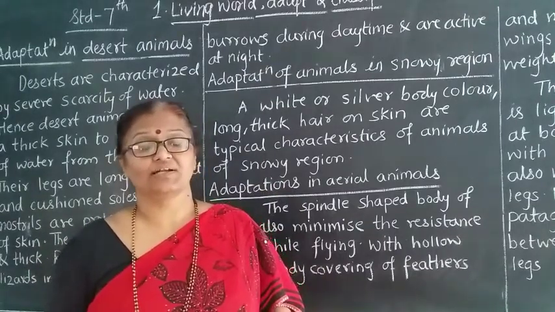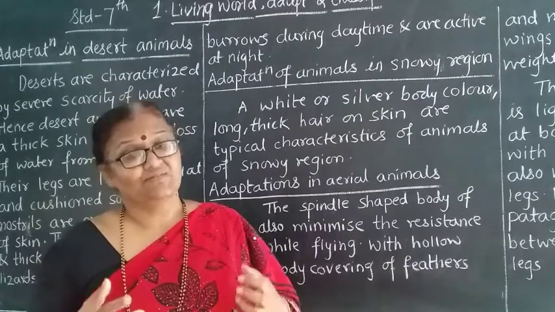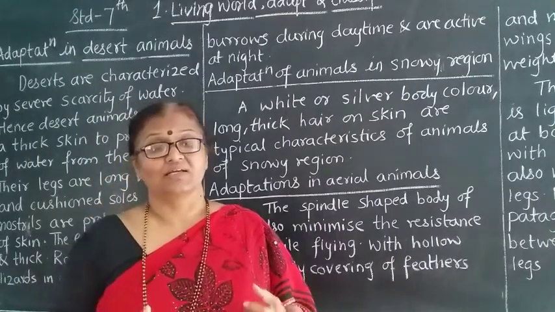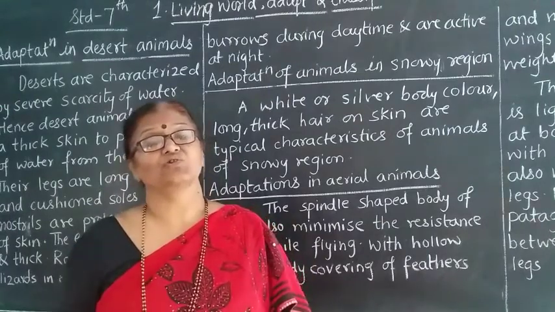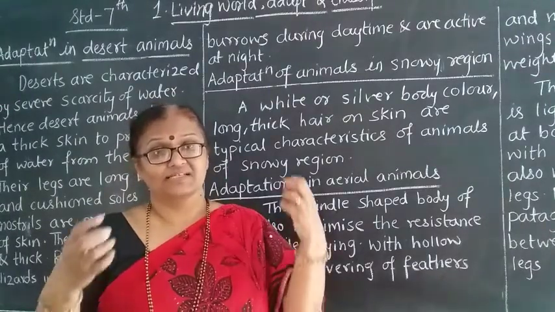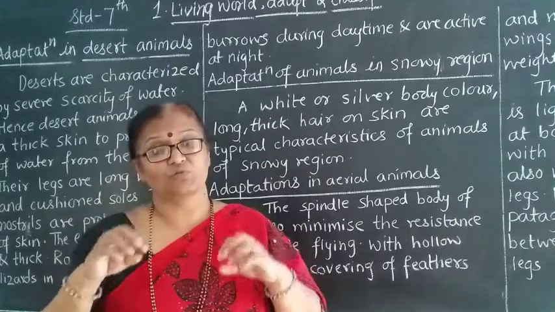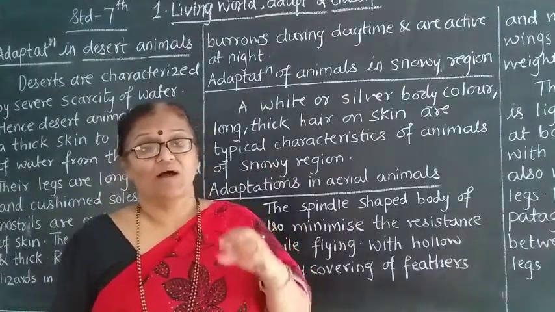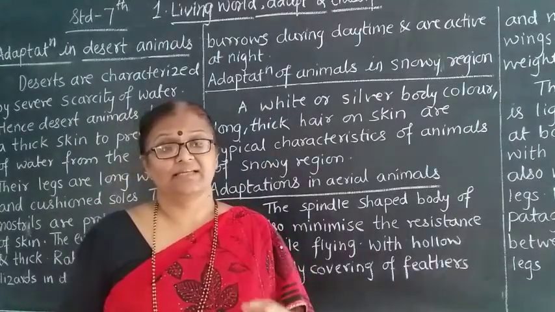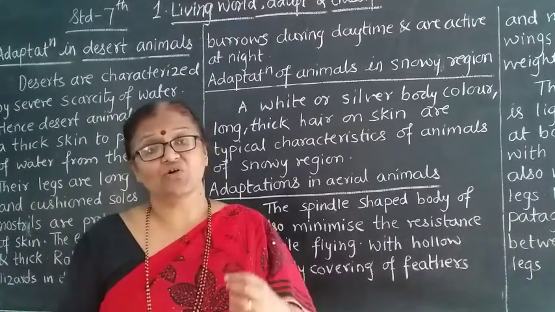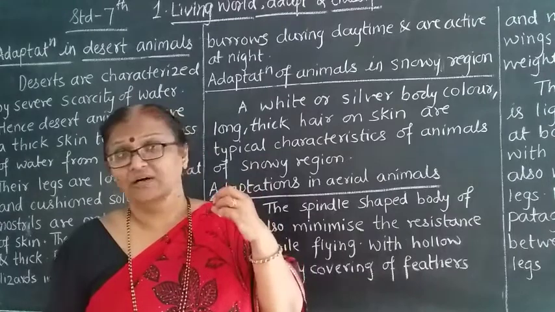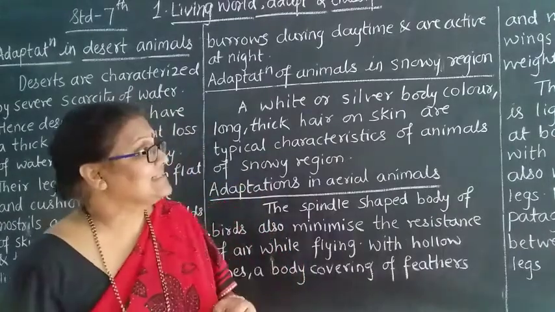Then what does this tell us? That if the snowfall is more, then that snow should directly fall onto the leaves and from the leaves to the earth. Why is this arrangement made by nature? Because there should not be accumulation of snow on the trees, that we have seen.